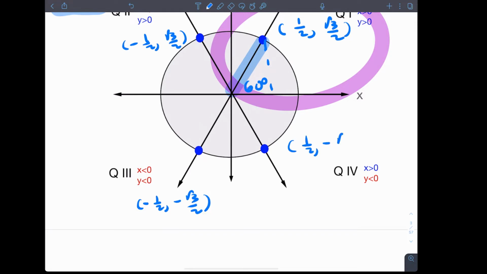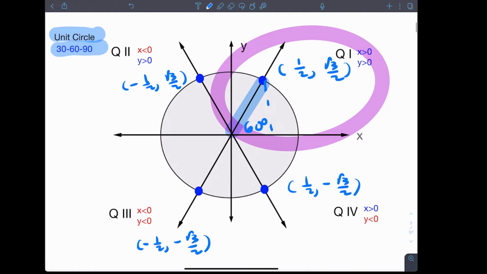Positive 1/2, negative square root of 3 over 2. What do you guys think? Now you can deduce trig values for a lot of different angles.